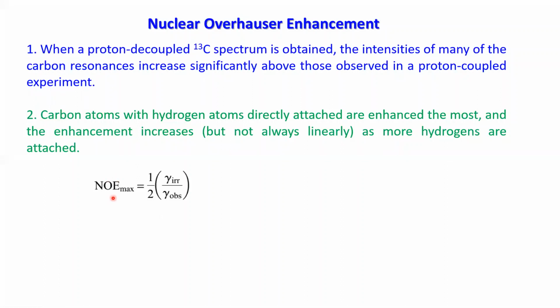We call it the nuclear Overhauser enhancement. It is obtained from the magnetogyric ratio of the proton and the magnetogyric ratio of the 13C, because we are observing the 13C peak. In the proton decoupled experiment, we irradiate the proton so that it easily comes to saturation.